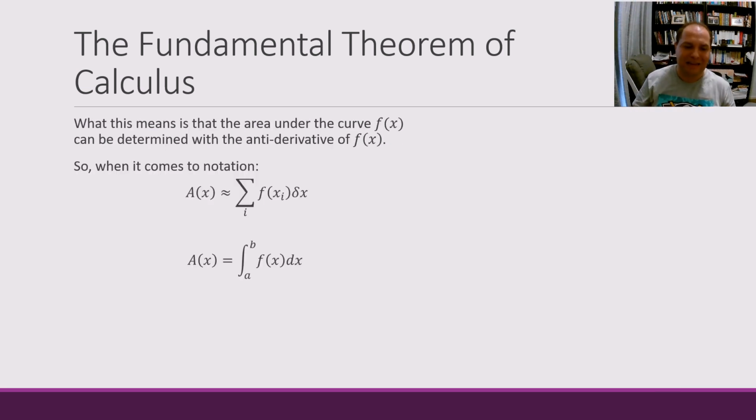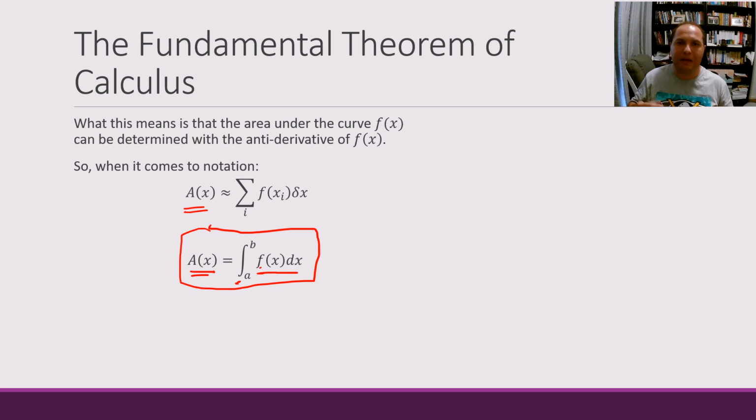What we're saying is that the area underneath our curve, this area function that we started off looking at with rectangles, can be changed from an approximation to an exact value by using anti-differentiation. So our area function, the area underneath our curve, is the antiderivative of f of x dx between these two values.